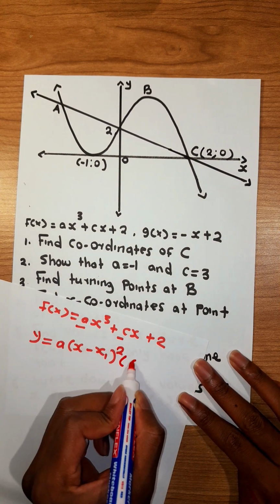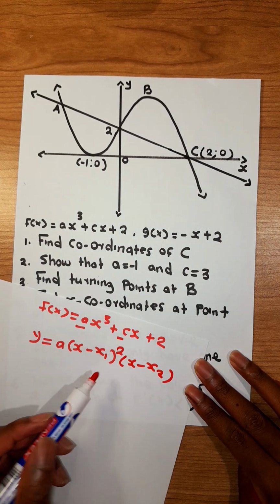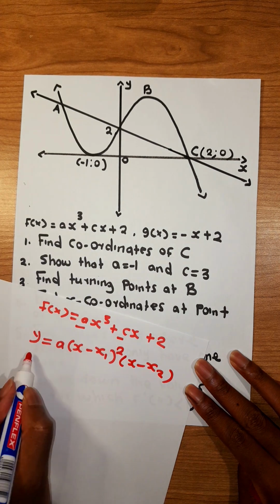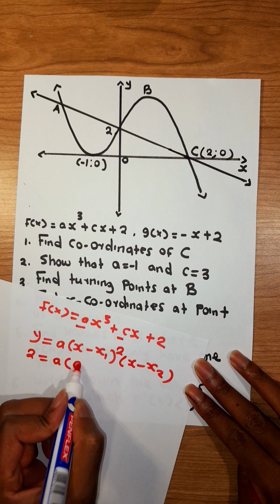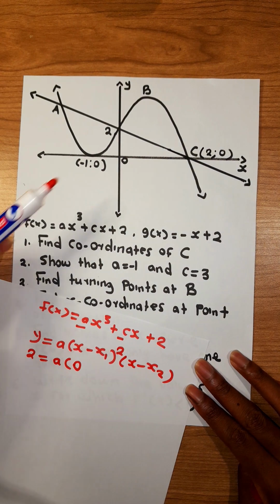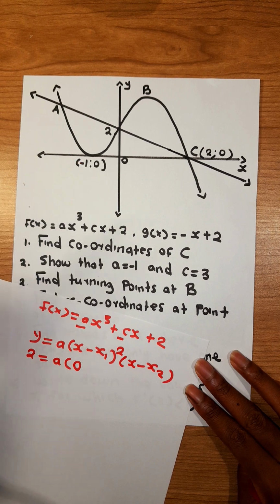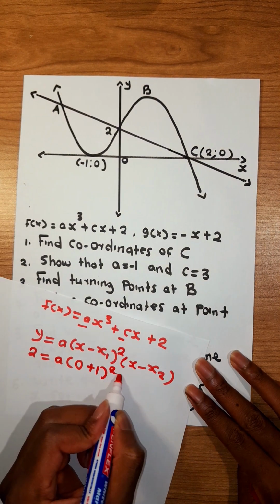And then we're also going to have x minus x2. The point we have here is at 2, where when y is 2, x is 0. The x-intercept and turning point is -1, so because of this minus, it will change into 1 squared.